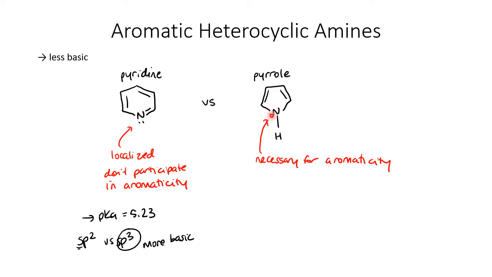So by donating these lone pairs to the ring, we have a total of 6 pi electrons, which will make the ring aromatic. So these lone pairs are currently delocalized. They are occupied, which is going to make them less willing to be given up. So if we were to look at the pKa for the corresponding iminium ion of pyrrole, we would find that it has a value of 0.40, which essentially means it's not basic at all.